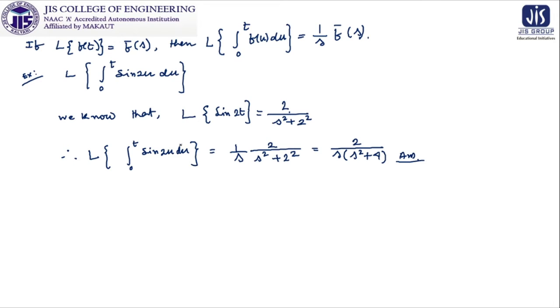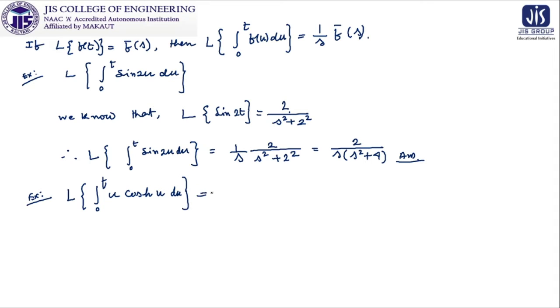In a similar manner, we can go for another problem like this. We have to find the Laplace transform of the integral from 0 to t of u cos hyperbolic u du.